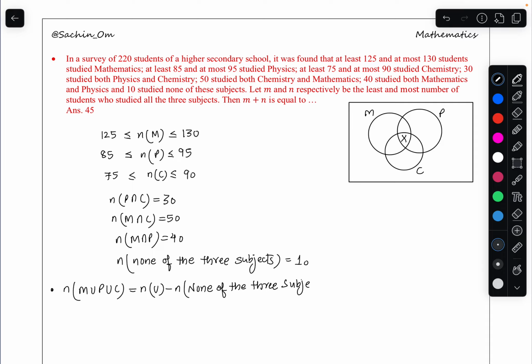The universal set has 220 elements in it, of which we are subtracting 10. So the union has 210 elements in it.